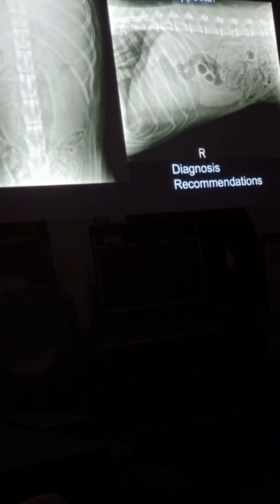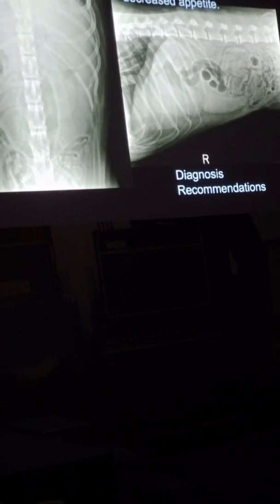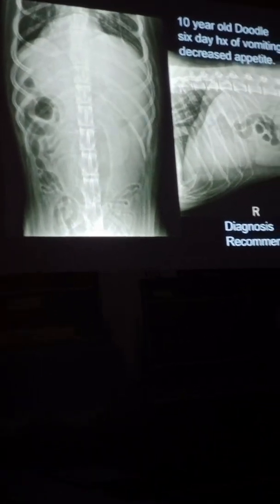This is a great case. What's your recommendation? Left lateral. Here's your left lateral. Now, you thought it was normal. Do you still think it's normal with a left lateral? I don't think it's normal either. You know why? What have we done?